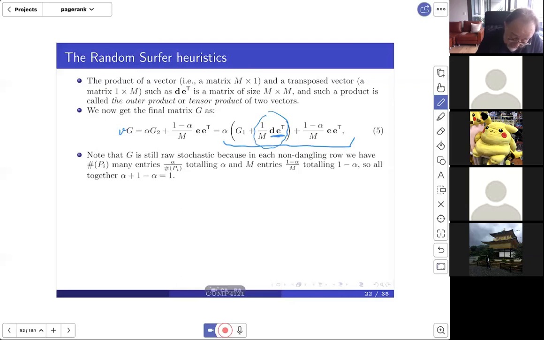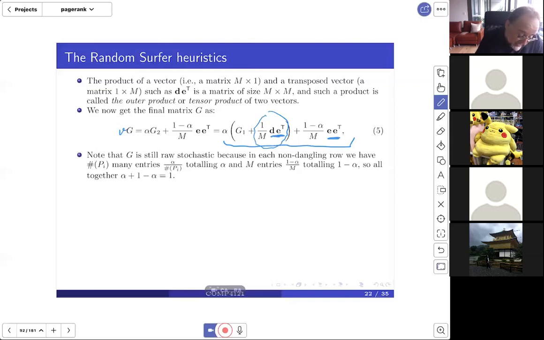And it is sparse because there are only these when you have dangling nodes. And this here simply says add to all entries that you get 1 minus alpha divided by m.